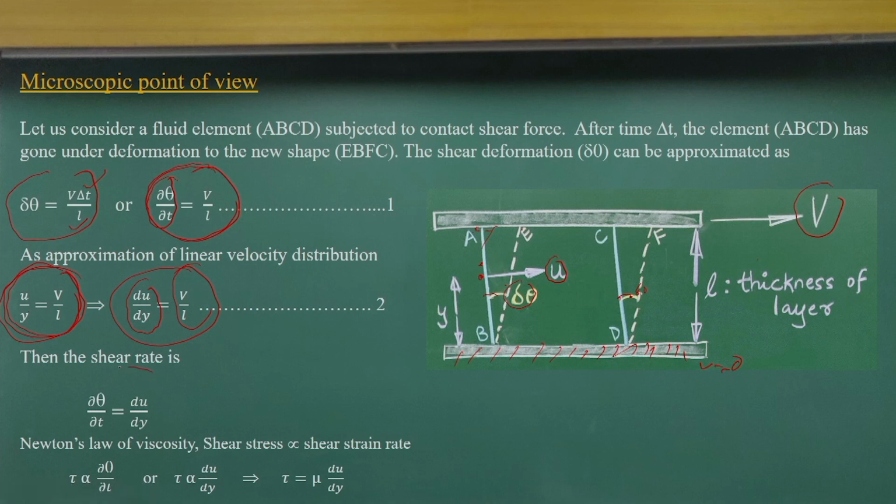So, we can consider that the shear strain rate and the velocity gradient are equal for these parallel flow conditions, when the velocity is linearly distributed.